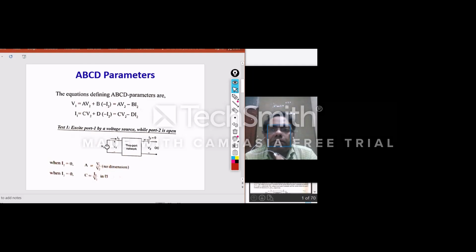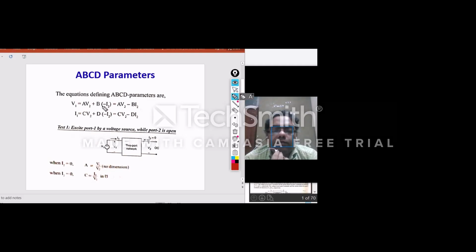Now this parameter is defined in this form: V1 equals AV2 minus B of I2. Actually, the point is that minus of I2 is put here because the current entering the port is considered as positive.